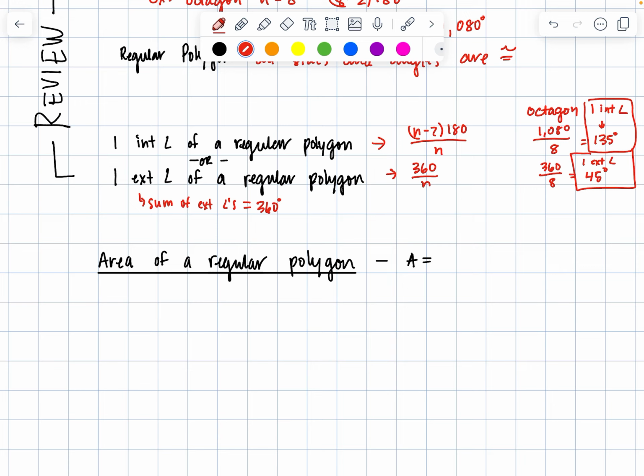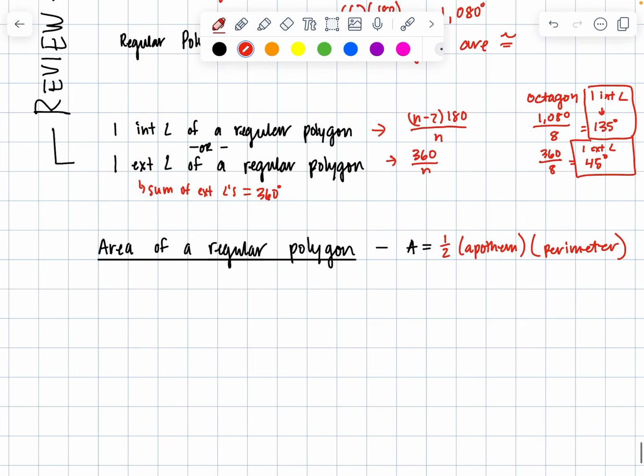So the area of a regular polygon is 1/2 times the apothem, which is a new term, we'll define that in a minute, times the perimeter. Perimeter we should know. We could calculate the perimeter of any shape, especially if it's regular, because all sides are congruent. So that's your equation for a regular polygon.